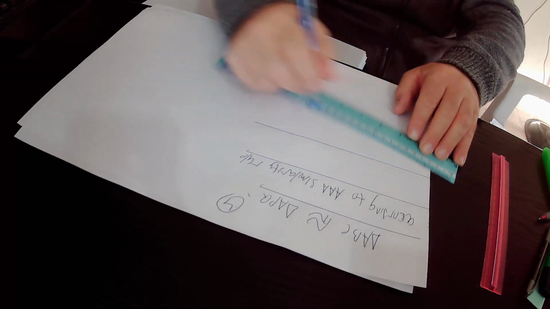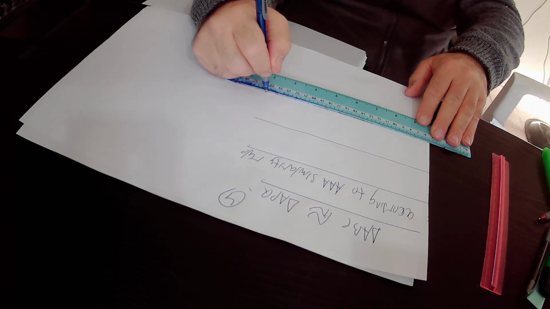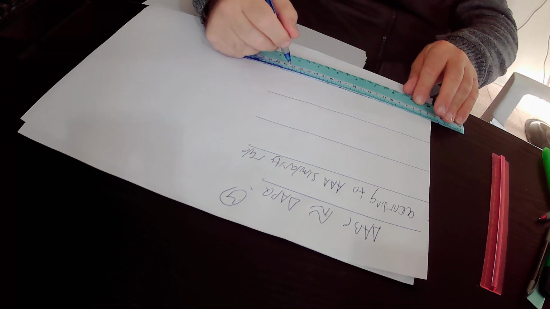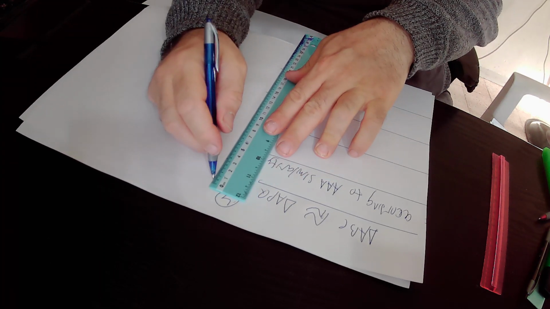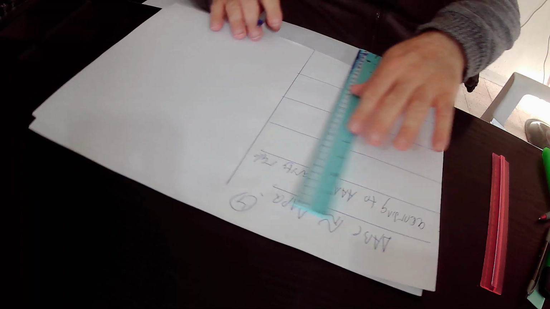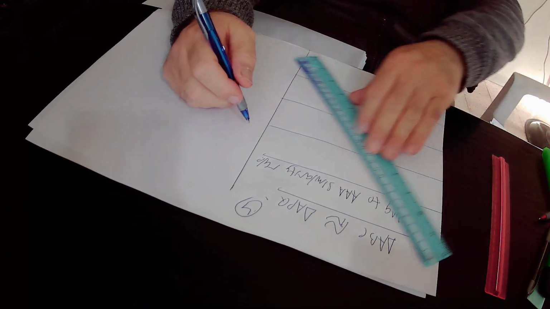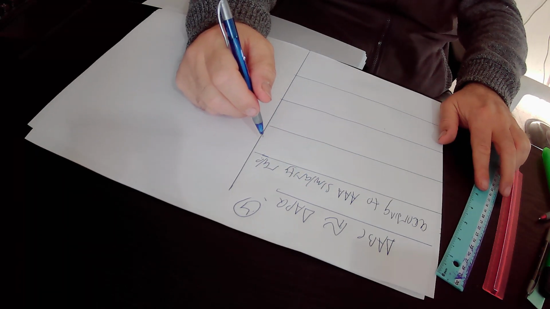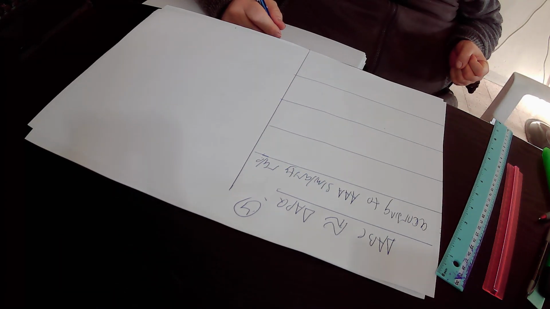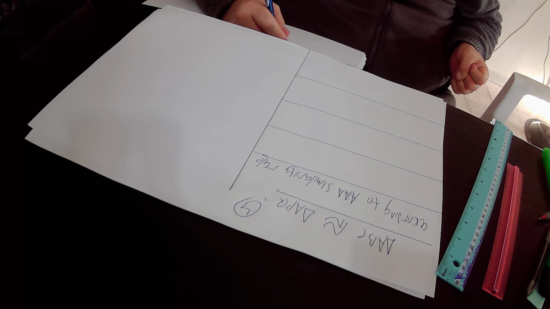Actually, whenever two triangles are similar to each other, then the ratio between their heights must be equal to the ratio between their sides. Or in other words, whenever two triangles are similar to each other, the ratio between their corresponding heights must be equal to the ratio between their corresponding sides.